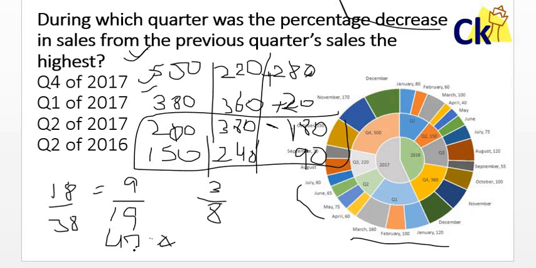No need to calculate the exact value for the same. Now we know that 100 by 8 is nothing but your 12.5, so your 3 by 8 would be 37.5, hence our option would be this, where the difference is 180. So your answer option is quarter 2 of 17, this option. Now let's see the last question for the same.